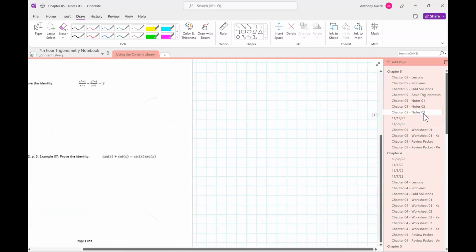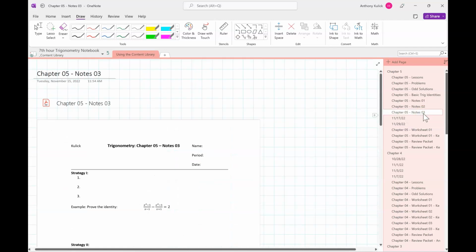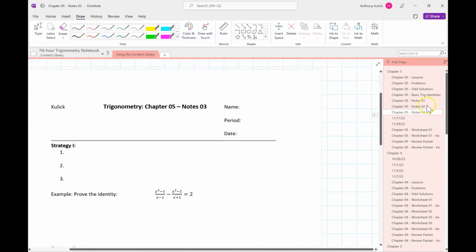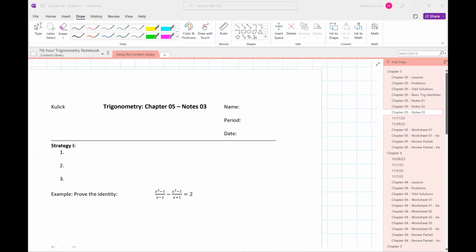Today, we're going to start talking about section 5.3. In section 5.3, we're going to be doing, get ready for this. Everybody hanging on? Hold on tight. Proofs. It's okay.